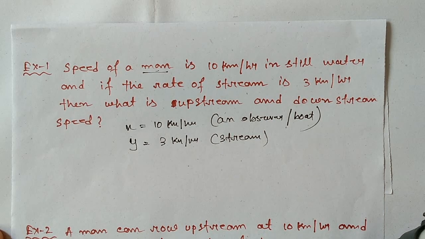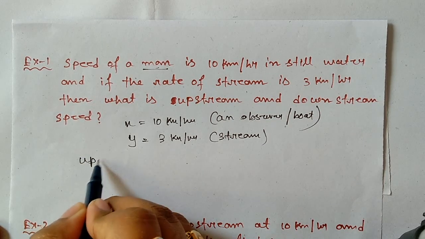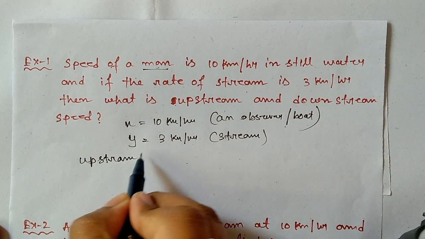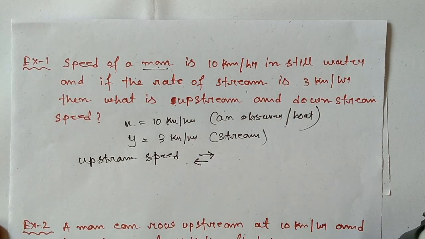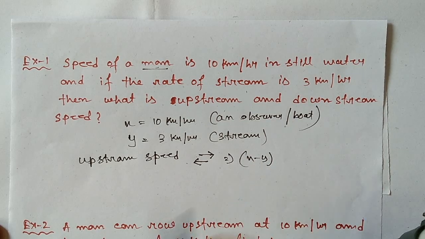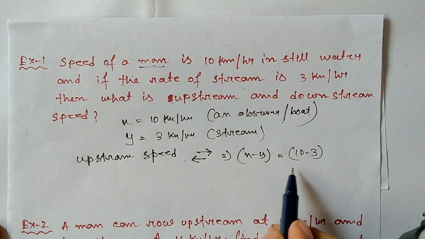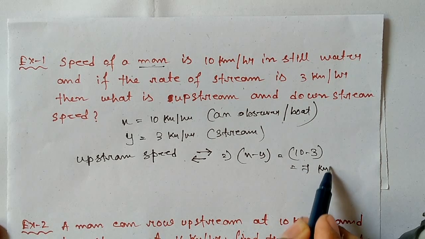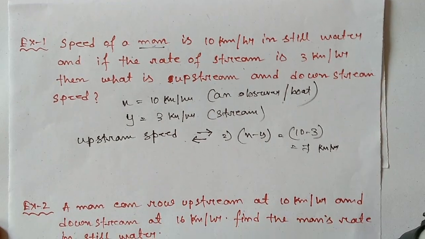Now we have to find the upstream speed. We know upstream speed means they are in the opposite direction. This means the relative speed should be x minus y, that is 10 minus 3, which is 7 km per hour. So this is the upstream speed.